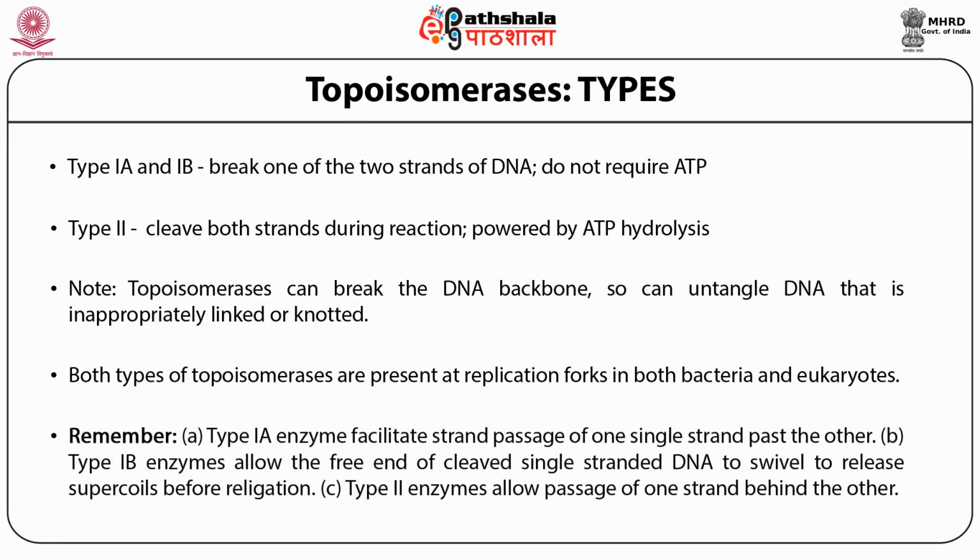Remember, type 1A enzyme facilitates strand passage of one single strand past the other. Type 1B enzymes, whereas, allow the free end of a cleaved single-stranded DNA to swivel to release supercoils before religation. Type 2 enzymes just allow passage of one strand behind the other.